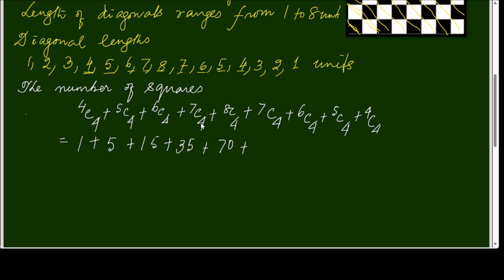And 7C4 is there again, so 35 again. 6C4 will be 15 again. 5C4 is 5 again. So the calculation part is very easy. So the total is 91 for one set of diagonals.